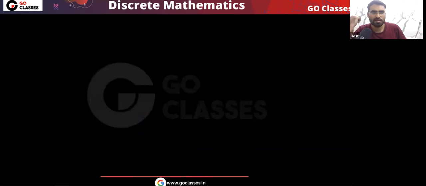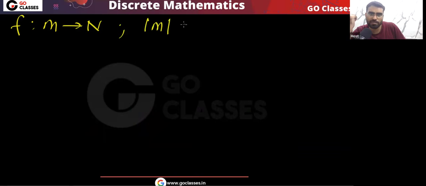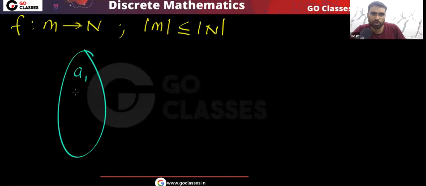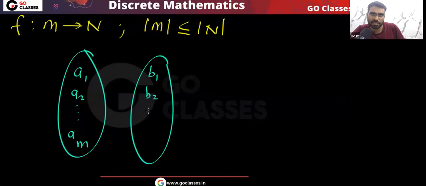Very simple. You have a function from m to n, where I am saying that the cardinality of m is less than or equal to the cardinality of n. Now, let's assume that here you have total m elements, a1, a2, and so on, and here you have total n elements.